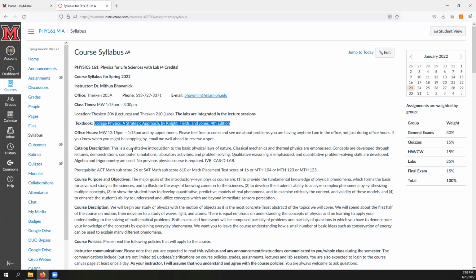So you do not need to buy another textbook if you did already buy the other version of the textbook written by Knight. As long as you have a Knight's textbook, 4th edition, either the college physics or the other one, we will be able to make it work.